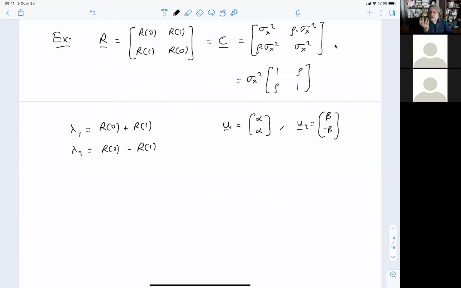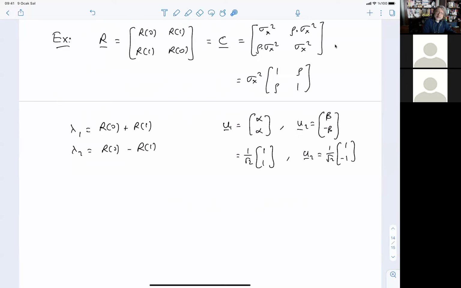So we need to normalize them. U1 and U2 must have unit norm. And when you normalize them, U1 becomes 1 over square root of 2 times (1, 1), and U2 becomes 1 over square root of 2 times (1, minus 1). So these are the eigenvectors corresponding to the eigenvalues like this.